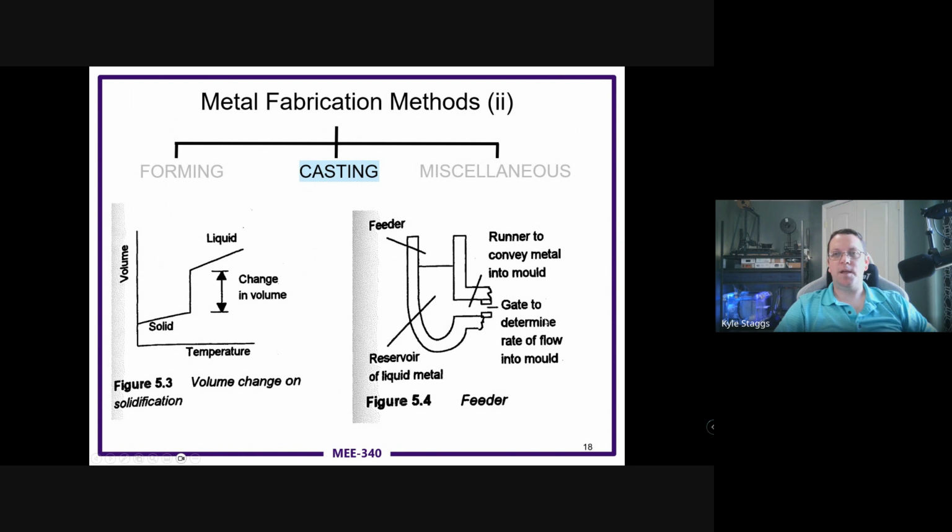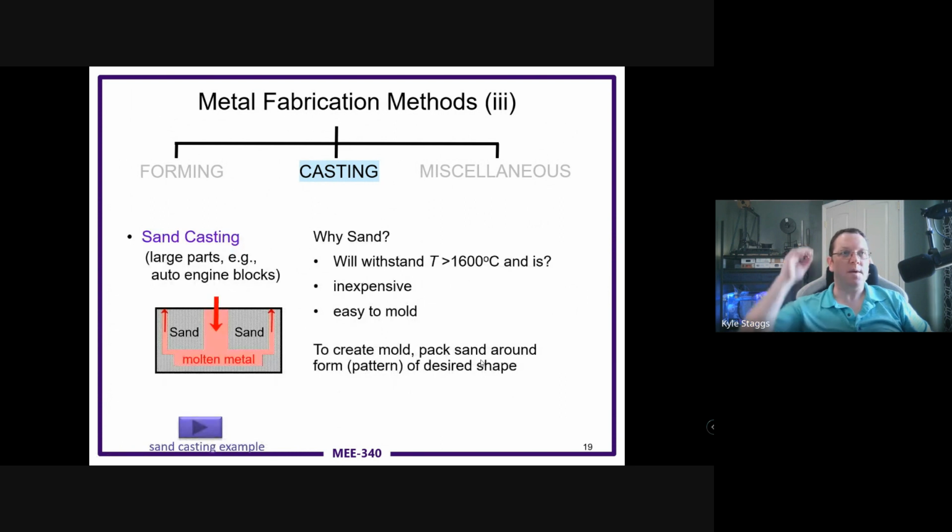So you have a reservoir typically. This is for more routine casting operations. And you have some kind of feeding operation: a runner to bring the metal into the mold, and then some kind of control gate or control mechanism. Sand casting is very commonly done.